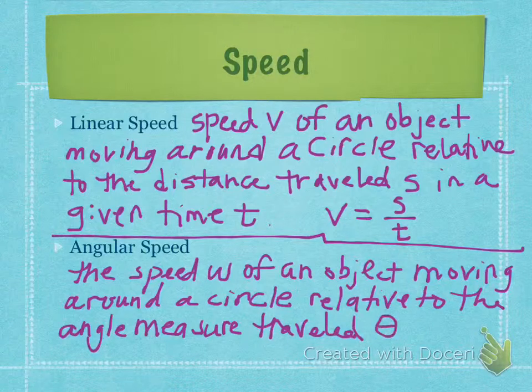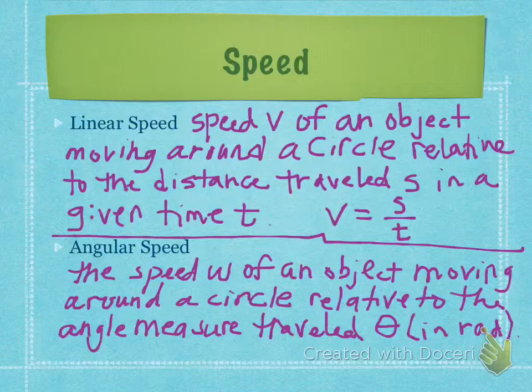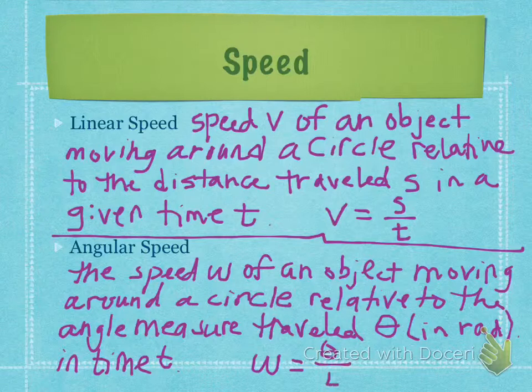And that's theta. Again, in radians, no surprise there, right? And time t. And this one looks very similar. It's a w, it's actually the Greek letter omega. It's omega equals theta over t.